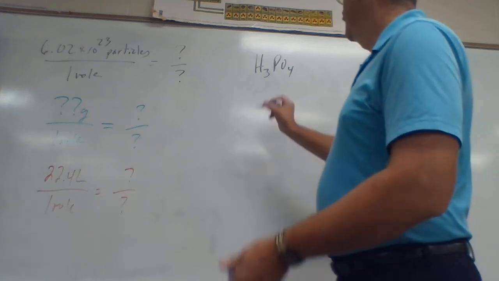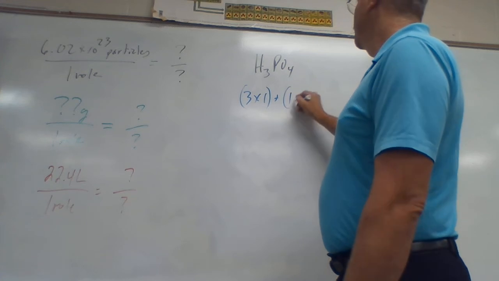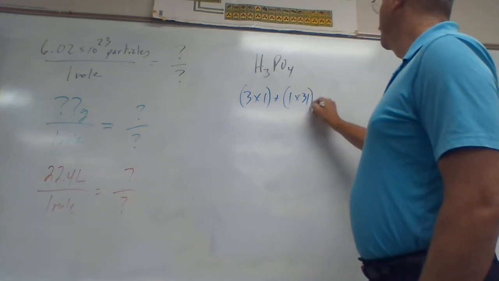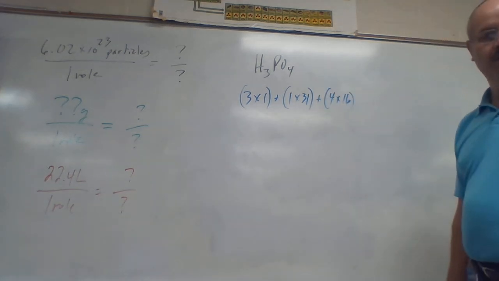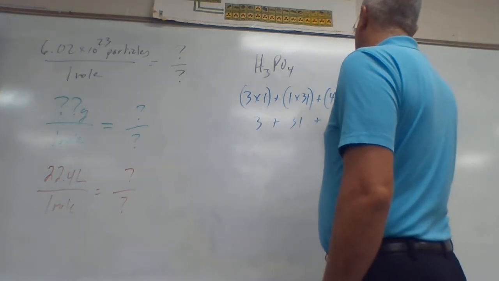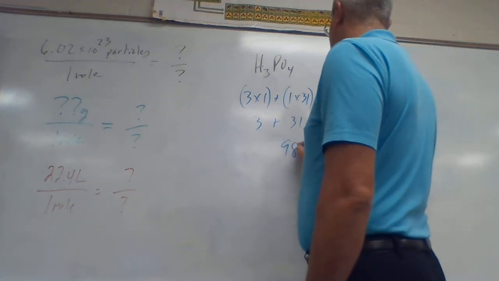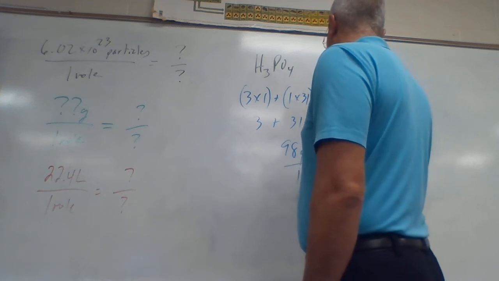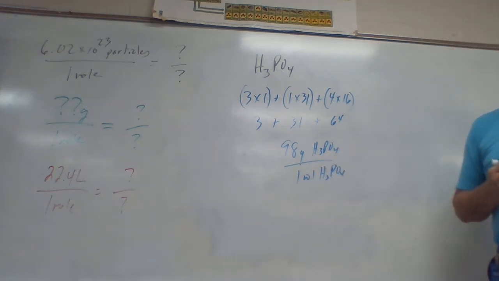From this, we're going to go 3 times the mass of hydrogen, which is 1, plus 1 phosphorus times its mass, 31, plus 4 oxygens times its mass, 16. So we multiply these out and add them up. This is 3 plus 31 plus 64. So that's 98. So it's 98 grams of H3PO4 per 1 mole of H3PO4. So there's your answer on that one.